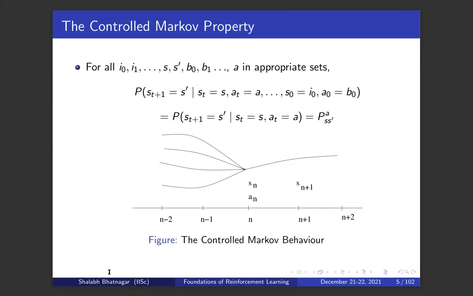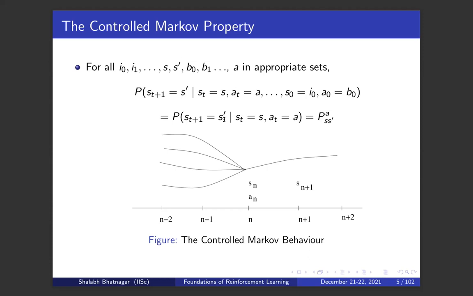I told you there's something called the controlled Markov property. You can view it as a generalization of the Markov property. Suppose I ask: what is the probability that the state at time t+1 is s', some point s' within the set S, given that the state at time t is s, the action chosen at time t is a, and I give the entire history of states and actions chosen starting from time 0?